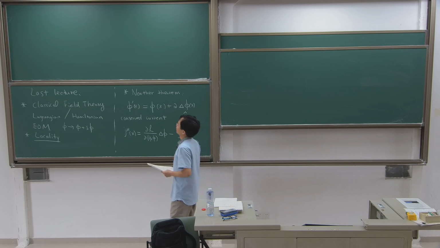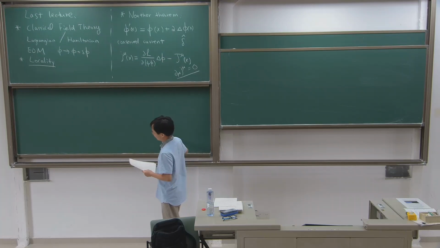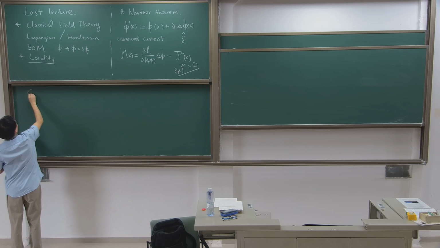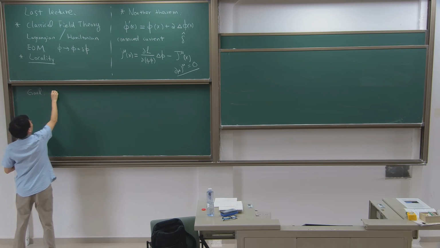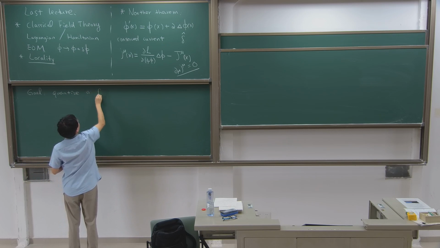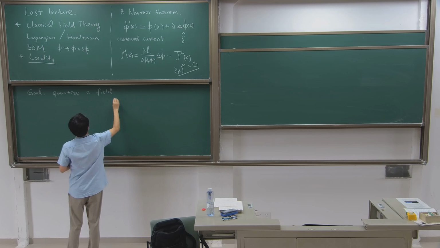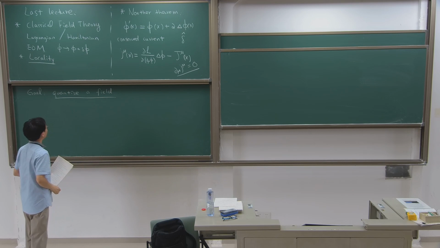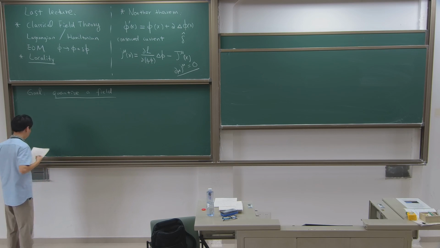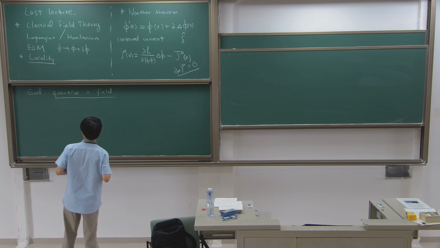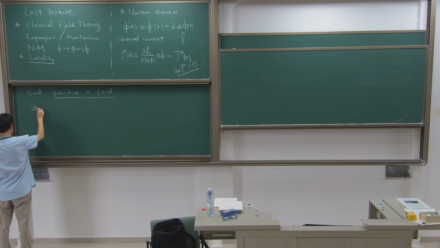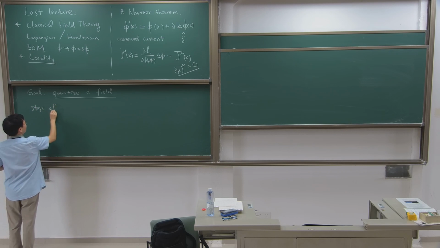The main goal of today's lecture is to finish the quantization of the fields. In the last few minutes of last week's lecture, we mentioned the canonical steps of quantization.